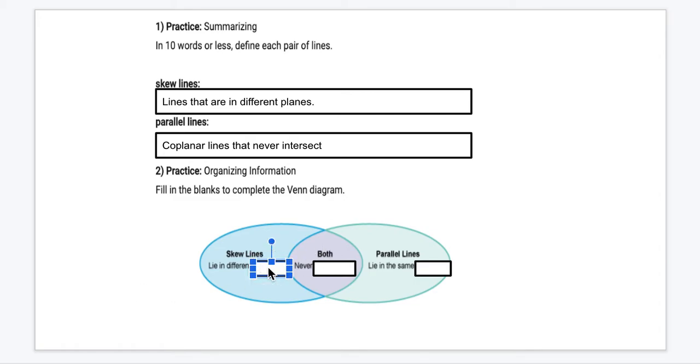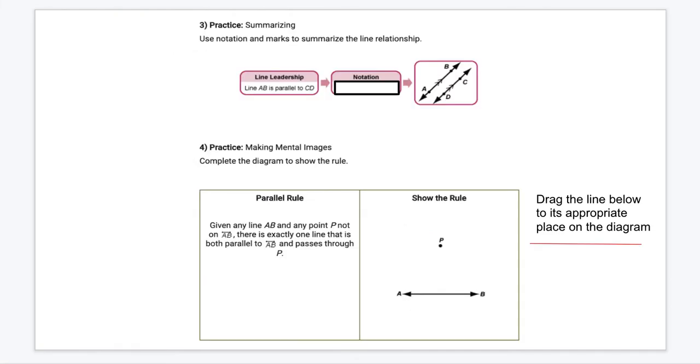So when we're filling out this Venn diagram, skew lines are in different planes and they lie in the same plane if they're parallel lines, and for both of them they never intersect. Right? The only difference is what plane they're in. Okay, so let's move on to slide 2.